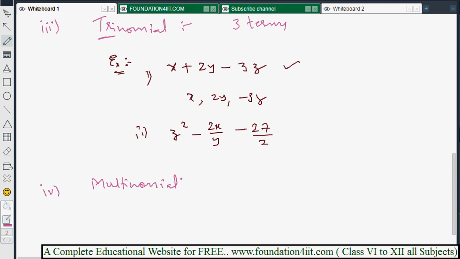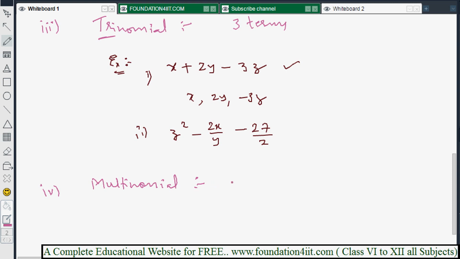So an algebraic expression containing more than one term is called a multinomial. So not only exactly 2 or 3. For two we have the separate name binomial, 3 means trinomial. More than 1 is called multinomial. So even a binomial or trinomial example can also be called multinomial.